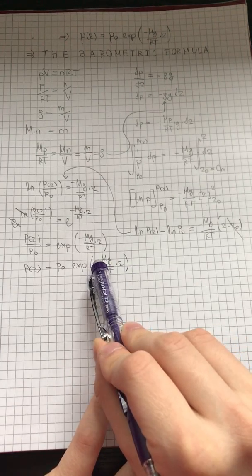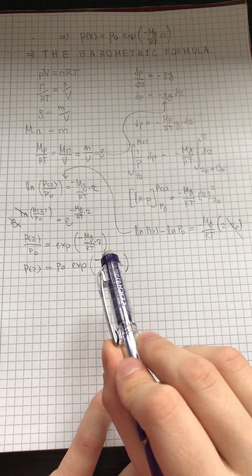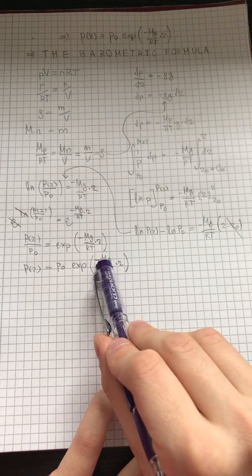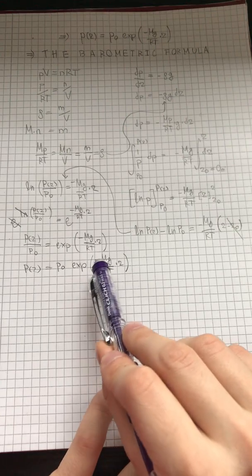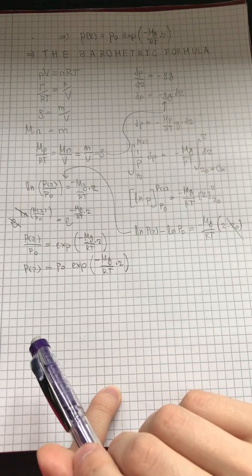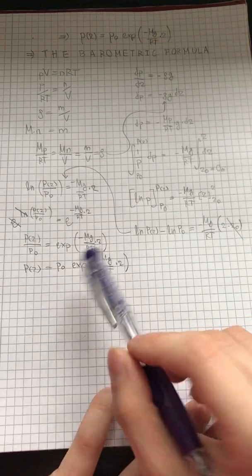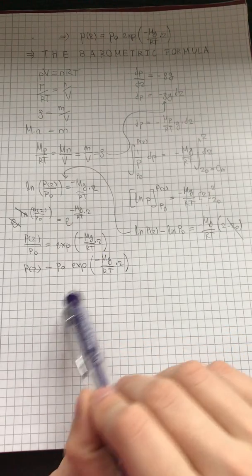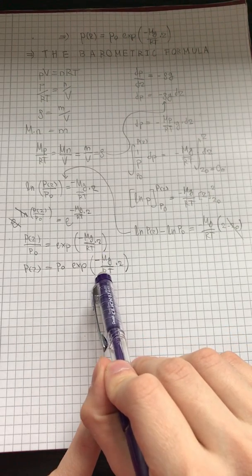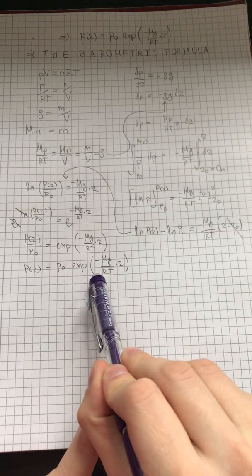Once again, m is molar mass, g is gravitational acceleration. This will be rather constant. M will depend on whatever molecular species you're looking for. Oftentimes, you're just going to look for air, in which case you calculate the molar mass of air. And that is over the universal gas constant. That will stay the same always.